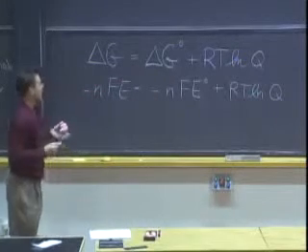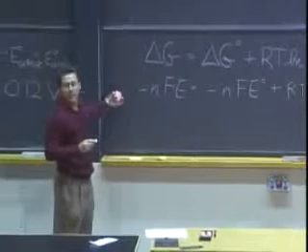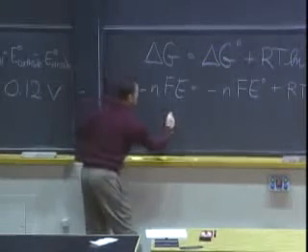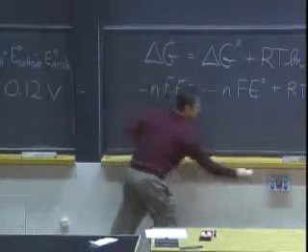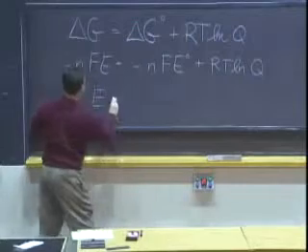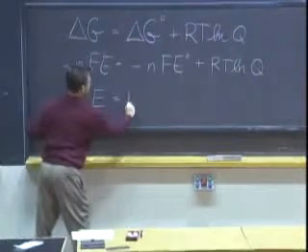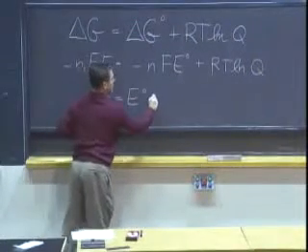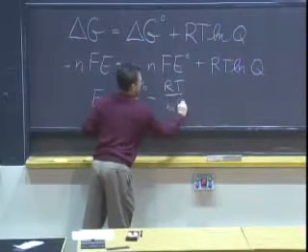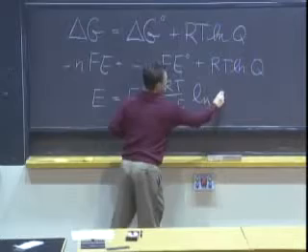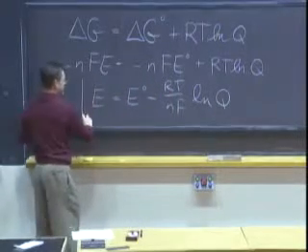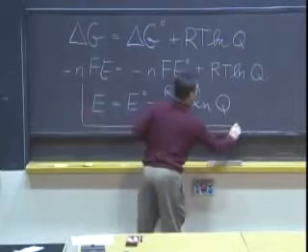And now I want to divide by minus NF. And when I do that, I'm going to get E is equal to E0 minus RT over NF ln Q.